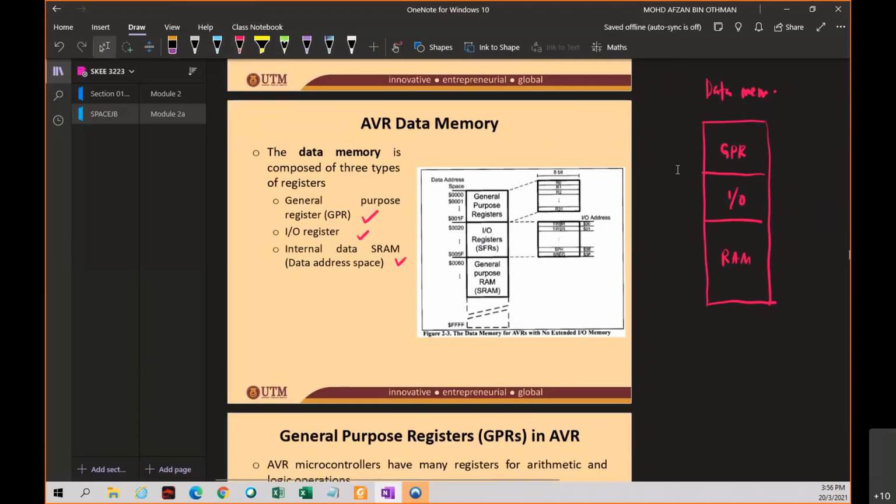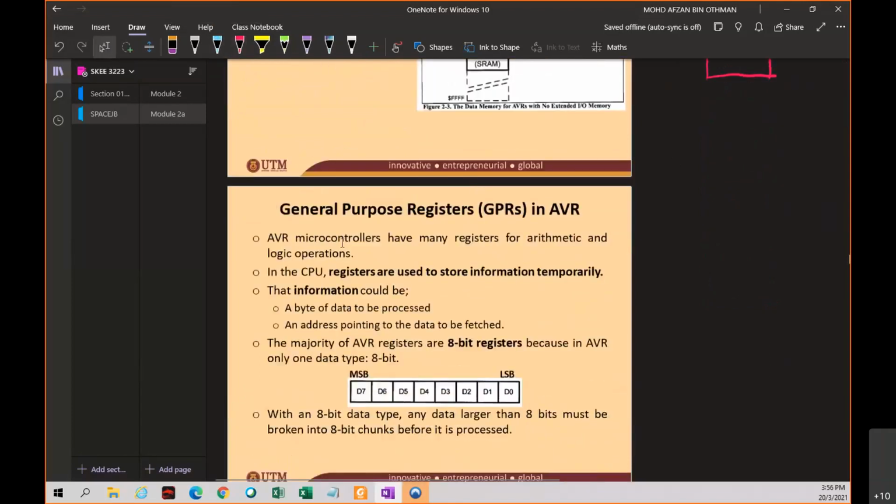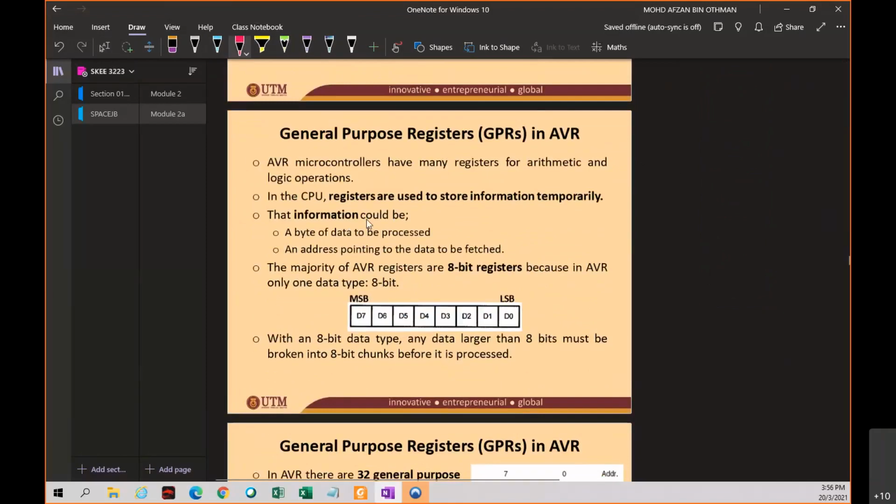GPR. Okay, so AVR microcontroller has many registers for arithmetic and logic operation, but in the CPU, registers are used to store information temporarily. This information could be a byte of data to be processed or an address pointing to the data to be fetched.